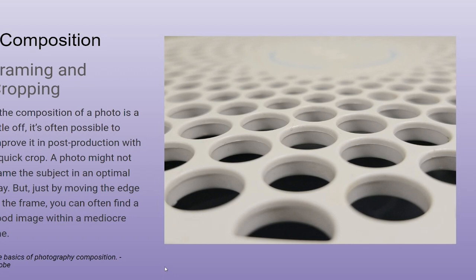So here's a picture that you've seen before as well. It's the top of an air filter taken at a kind of a weird angle and close in. But I didn't like the top because there's a solid bit in the middle. And so I thought, well, if I crop that out, it'll make it look more interesting where you just have all these circles leading off into the distance.